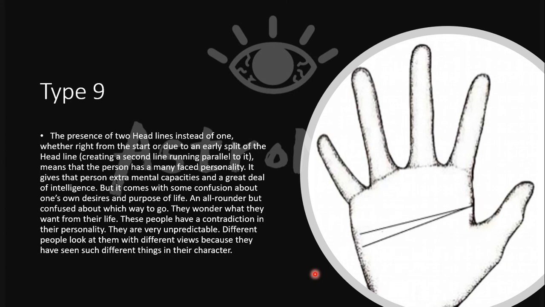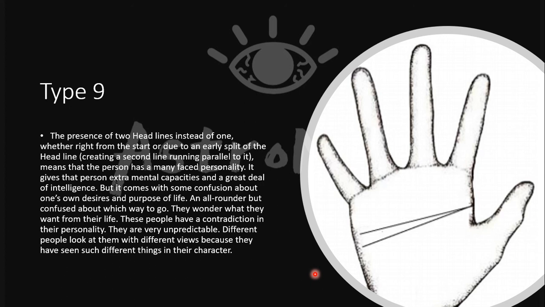Now we have a type 9. Suppose the branch is there, but it is splitting from the starting part, or you can say there are two headlines. If anyone has two headlines instead of one, since it is from the starting area, the person has more than one personality, and it also says the person will have more mental capacity and a great deal of intelligence.